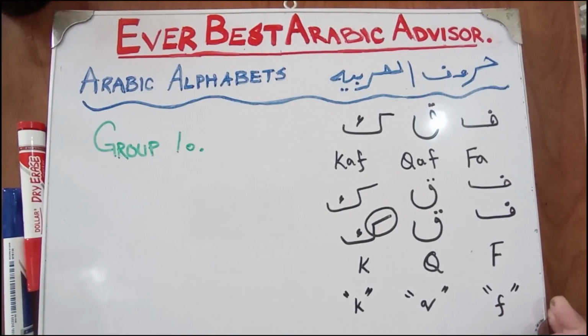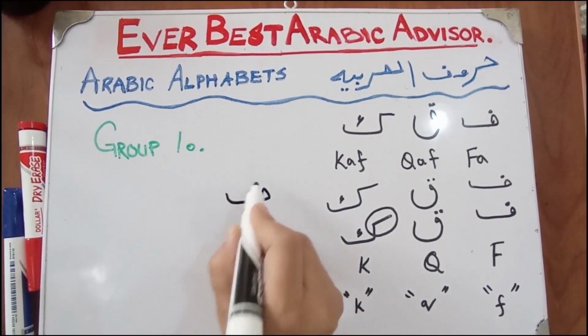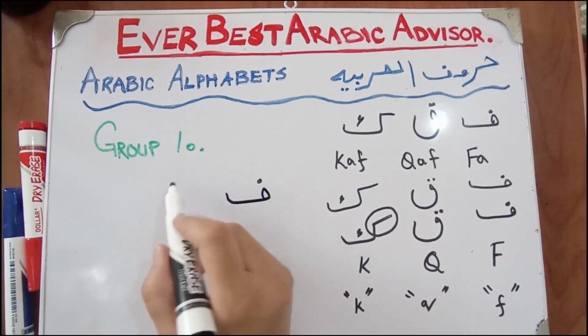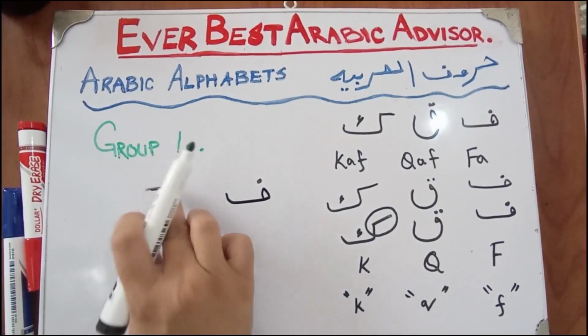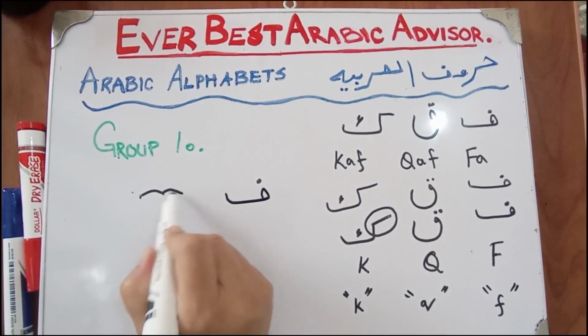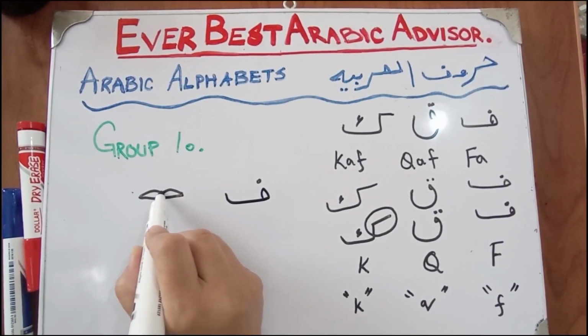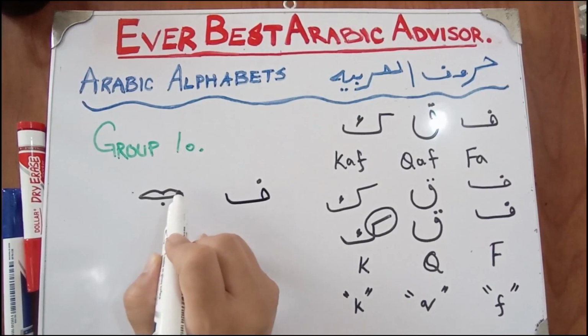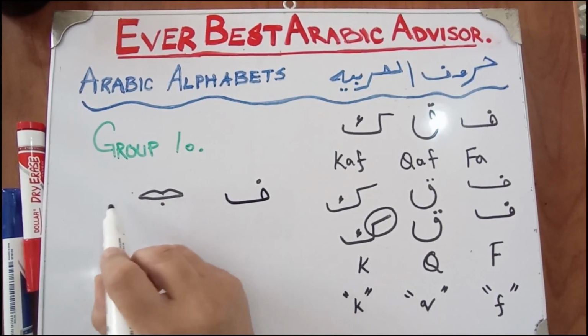So let's move toward the articulation point. Fa is pronounced from the lips, when the upper lip touches the lower two incisors.